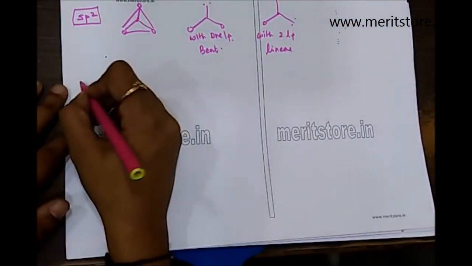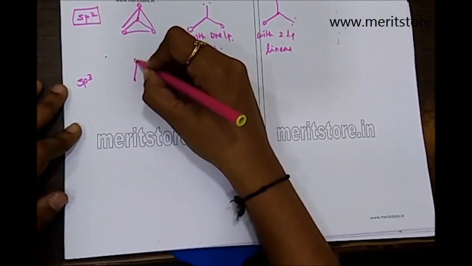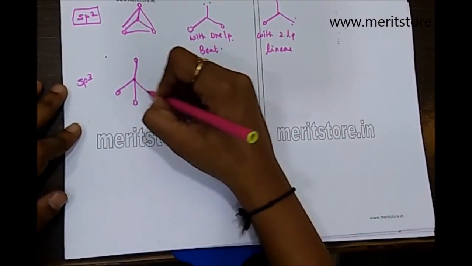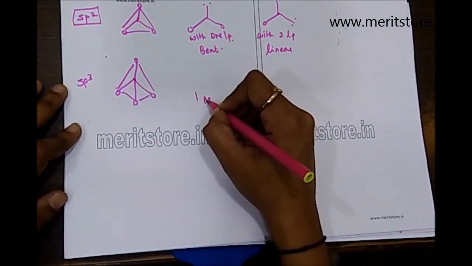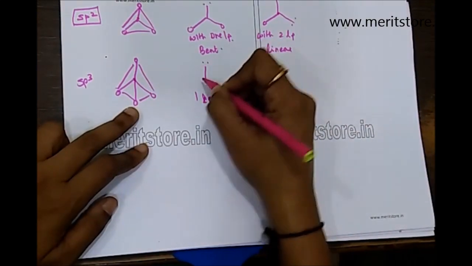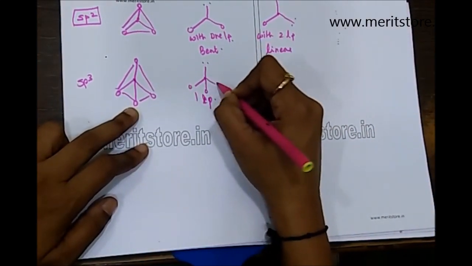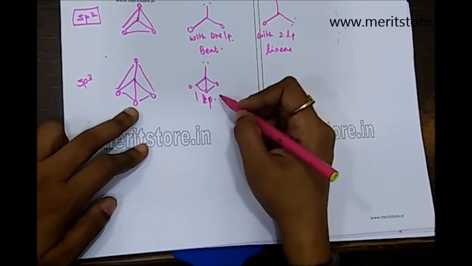When I talk about sp3 hybridization, the standard geometry of the molecule is tetrahedral. But if we have, let's say, one lone pair, it will cause the geometry to be distorted. This is the lone pair. Now only 3 atoms are left, which will be at the base of the pyramidal shape.